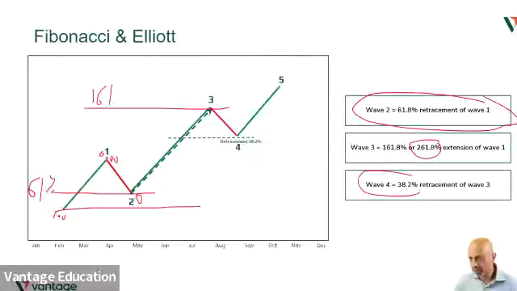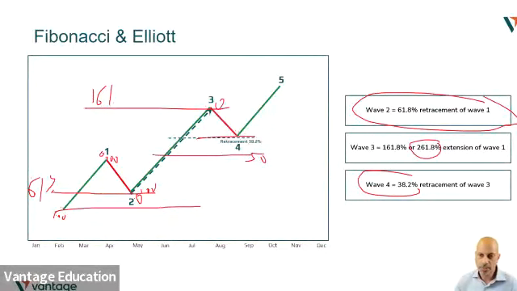Then for wave 4, as price is correcting once again, and you believe that this is still part of a bullish trend, and you're looking to go long again, you would use the Fibonacci retracement starting from point 2, ending at point 3. So this is 100% here, 0% here, 38% retracement is here, 50% retracement is here. So you're looking for price to pull back to about 38.2%, no more than 38.2%, before reversing to go higher.